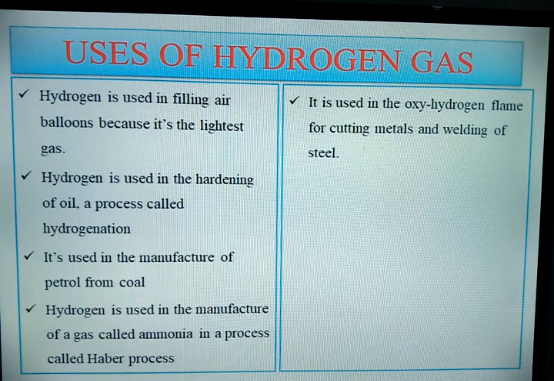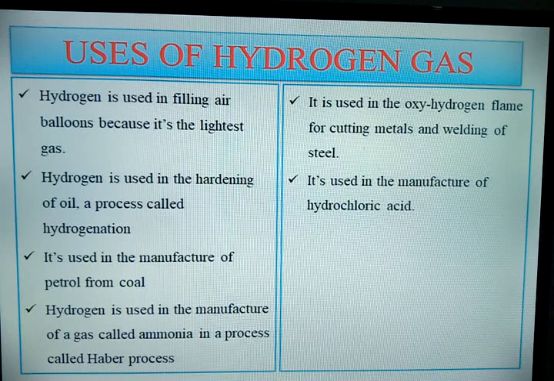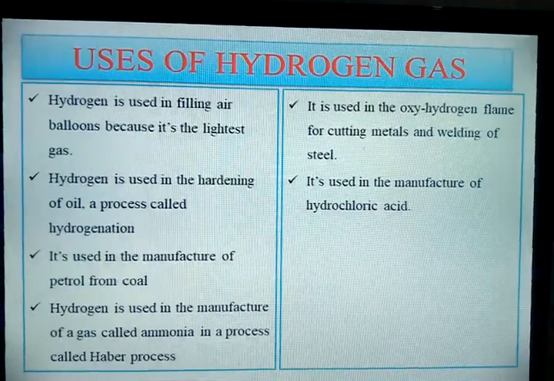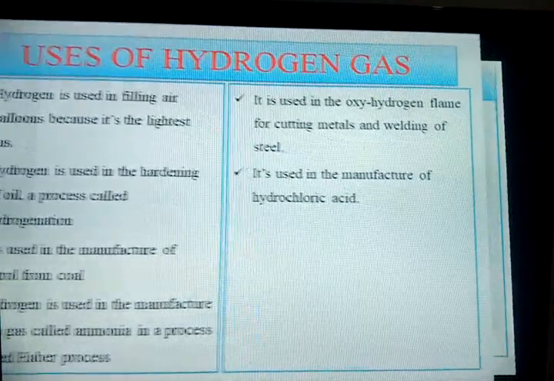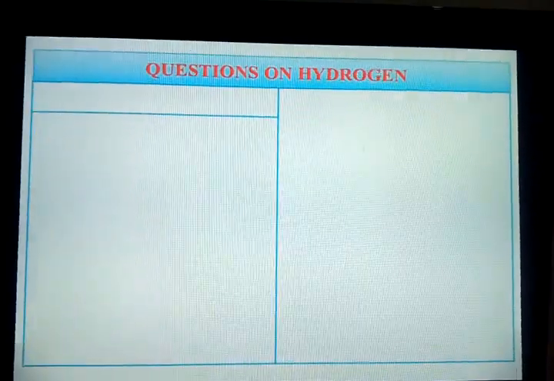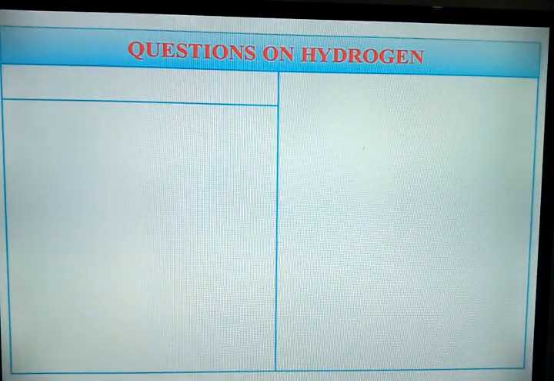If you've seen these welders, the flame that comes from those gas cylinders is always kind of blue or purple. So they use that flame. Hydrogen is part of it. Then manufacture of hydrochloric acid, because in almost all acids, hydrogen is part of it. So those are some of the things hydrogen will do.